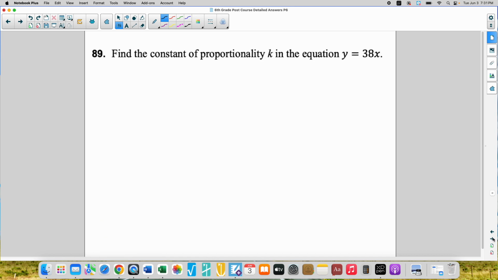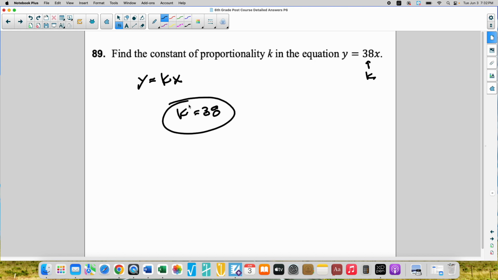All right, find a constant of proportionality, the k, y equals 38x. Well, it is understood that y equals kx when the quantity varies proportionally. So if we have the equation, this is my k, so k equals 38. I didn't have to do any work.